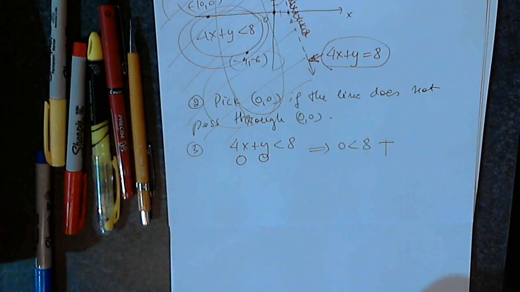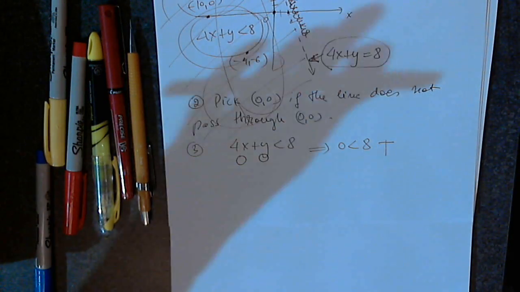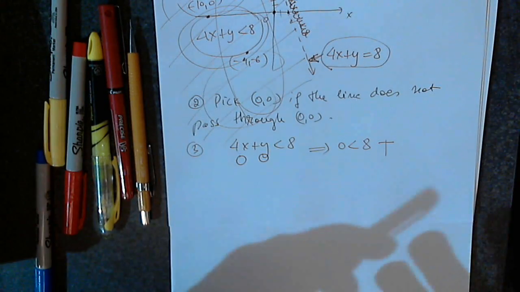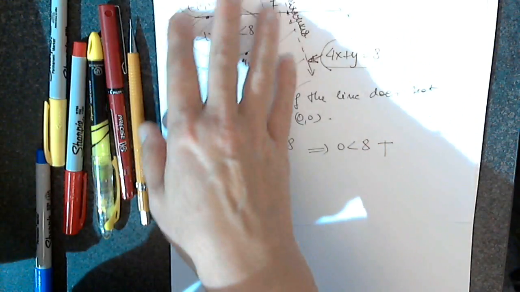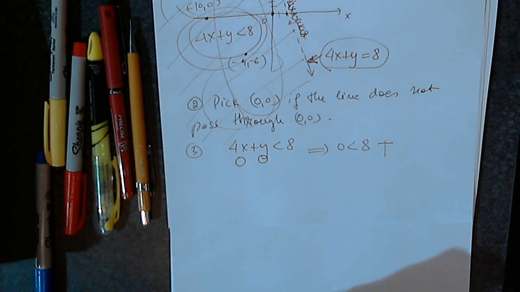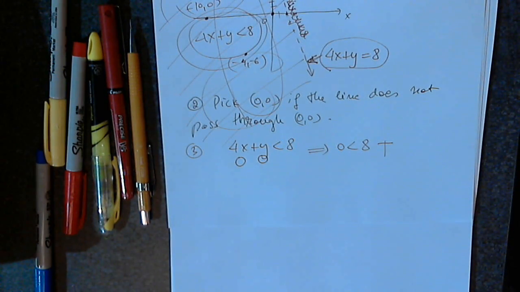So you have to shade the opposite. Yeah, that's what I mean. Yes, whatever you get. If you get 2 less than 5 or 0 less than 8, then you know that this is a true statement. So you shade in the area of the point you used to verify. Yeah. So I'm going to give an example right now with a line that passes through the origin. Let's see what we do then.